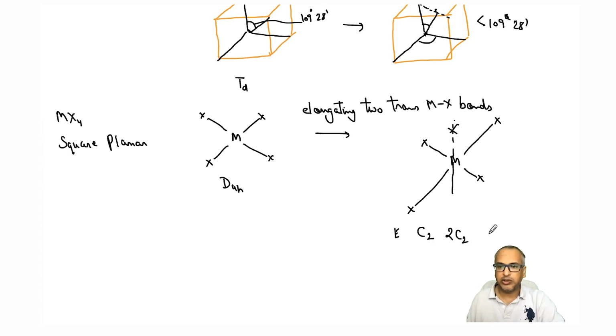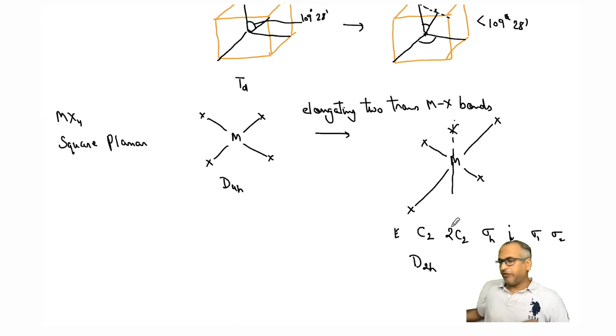Other than that, you're still left with sigma H, you're still left with i, right? Sigma H, and then you will have one sigma here, so sigma 1, sigma 2. So basically 3 sigmas are there, right? So this will be a D2H kind of point group.